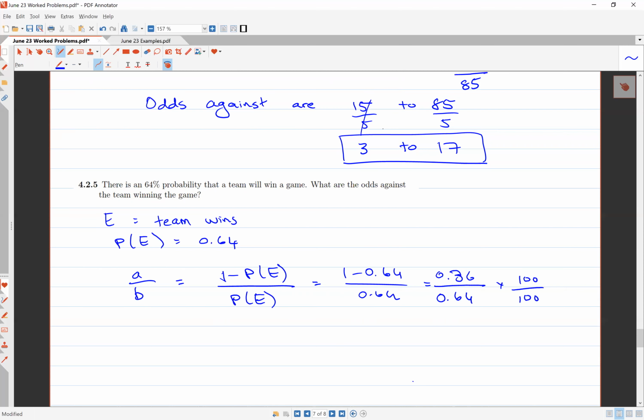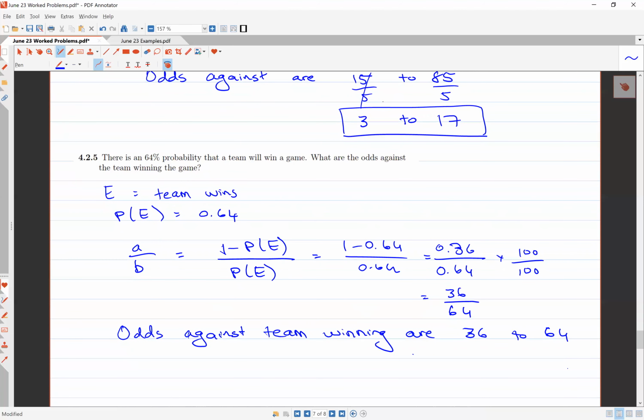I firstly want to get it as not fractions, so just express it as whole numbers, 36 over 64. So the odds against the team winning are 36 to 64.